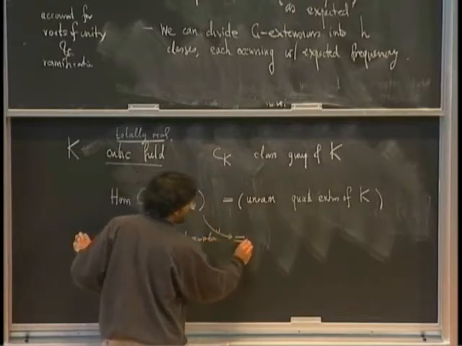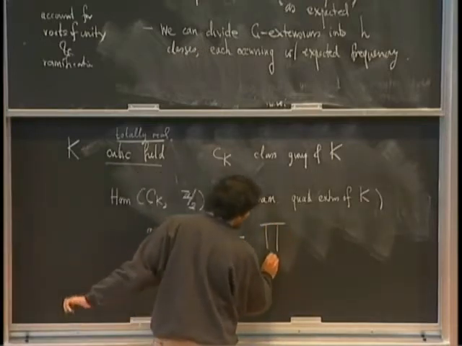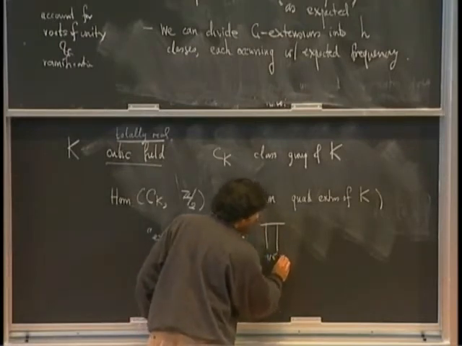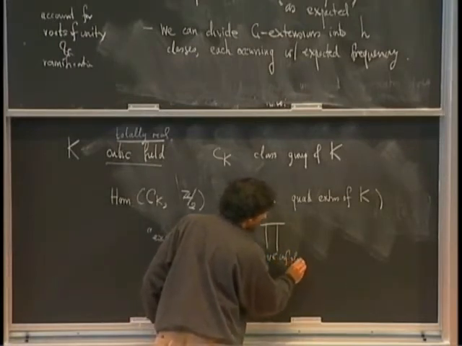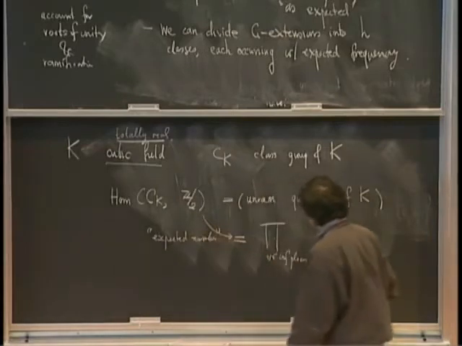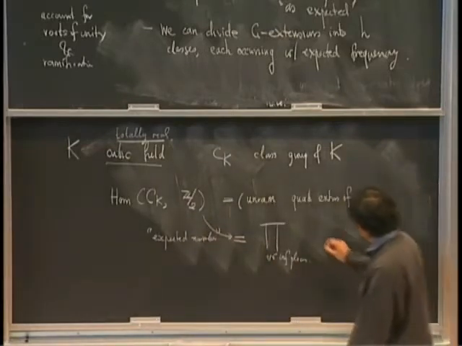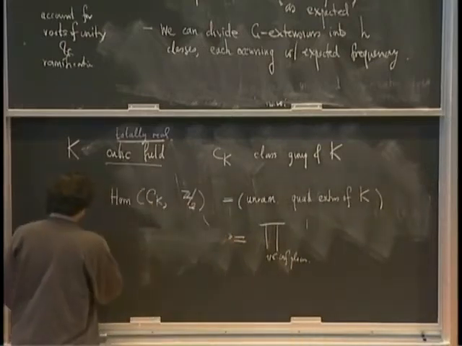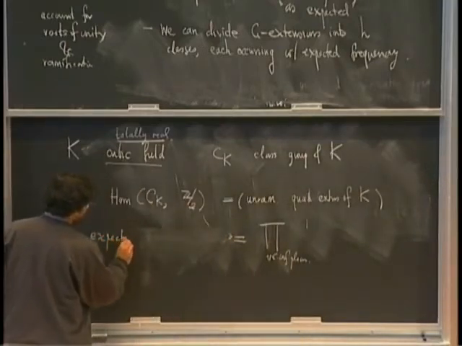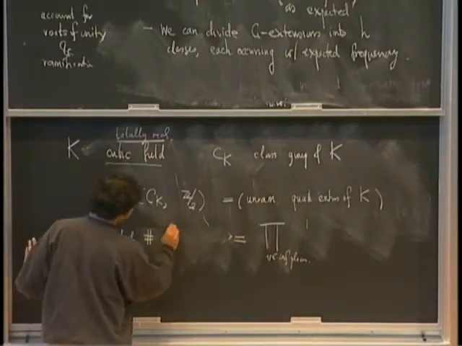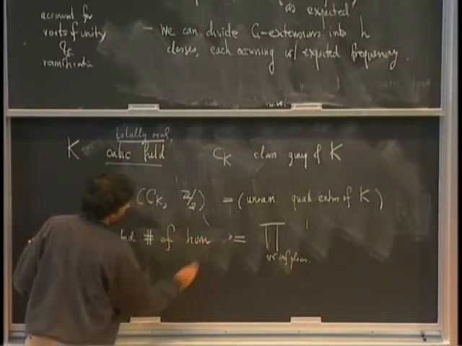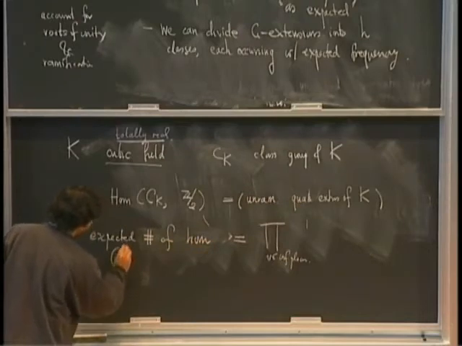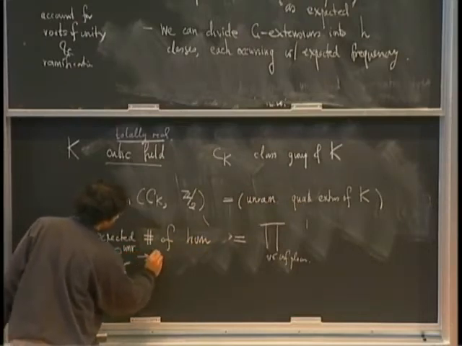The expected number is just a product over the infinite places. So there are 3 of them. So we're counting the expected number of homomorphisms from the unramified part of the Galois group to Z mod 2Z.